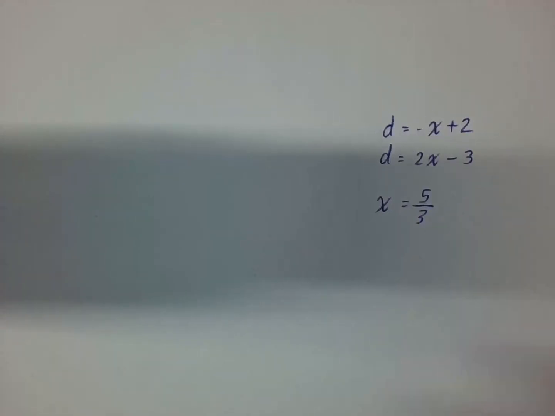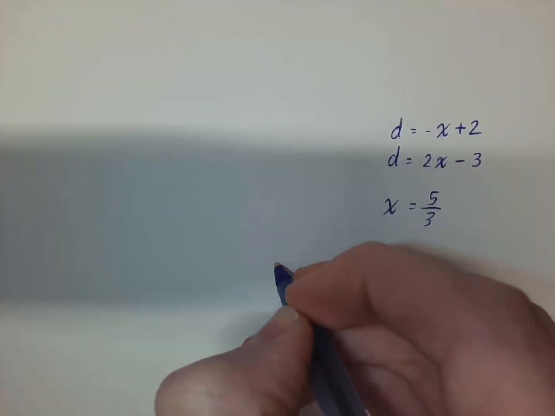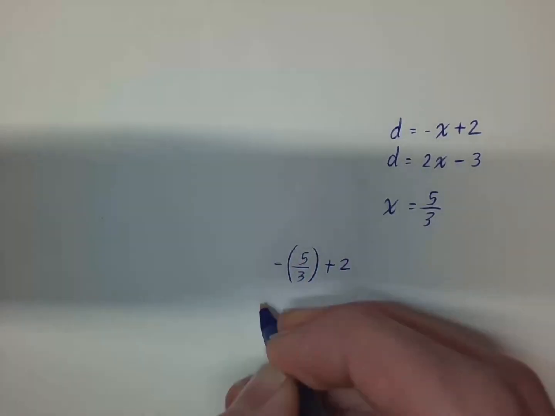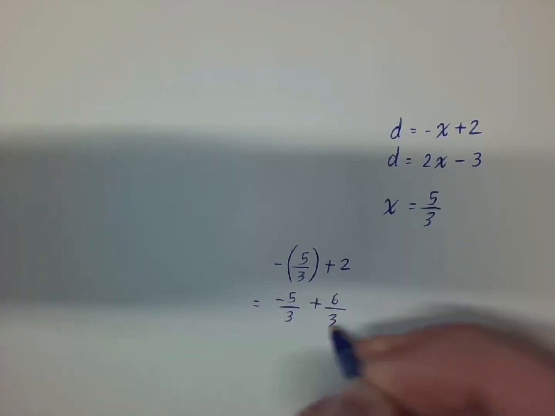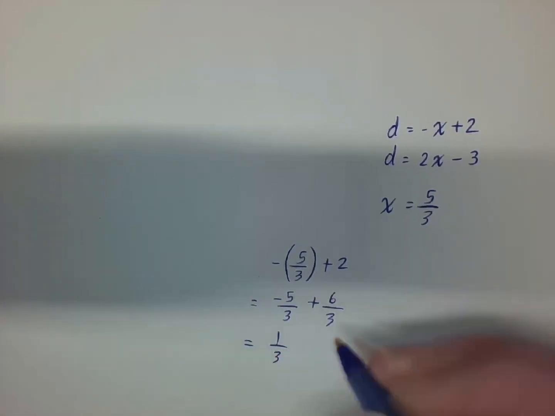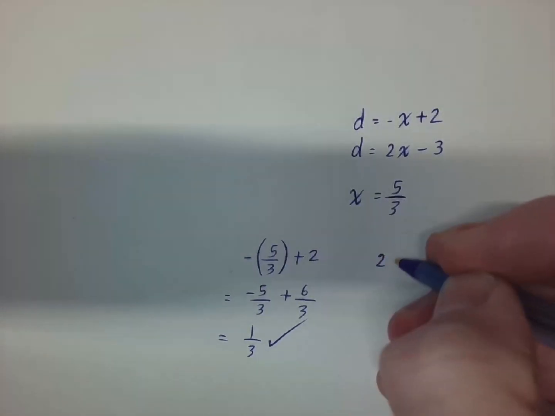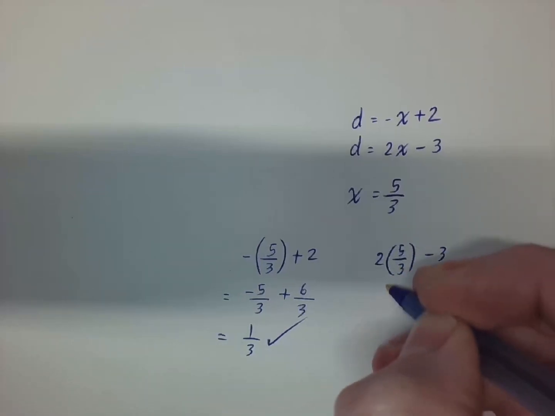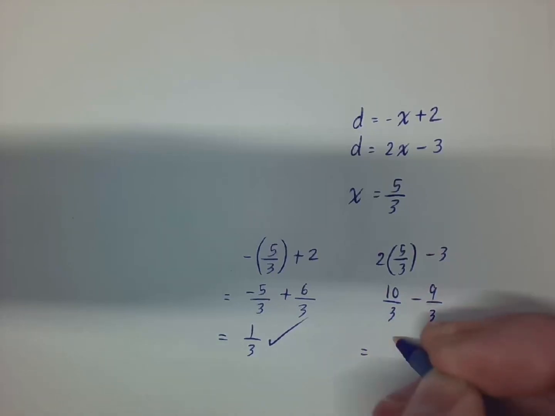Negative 5 over 3 plus 6 over 3 equals 1/3. And 2 times 5 over 3 minus 3, 10 over 3 minus 9 over 3, equals 1/3.